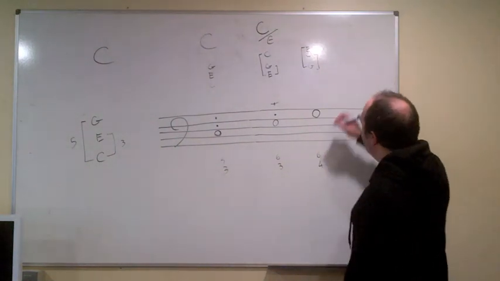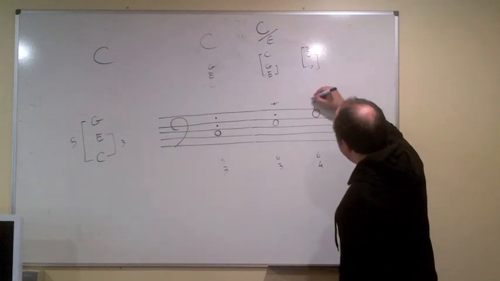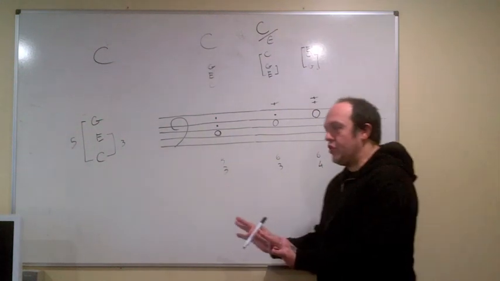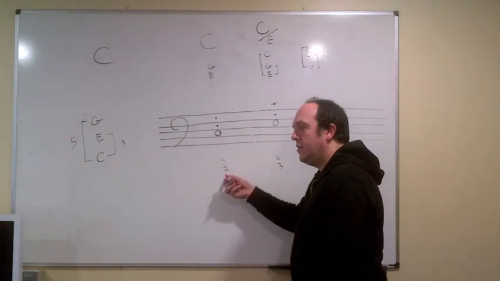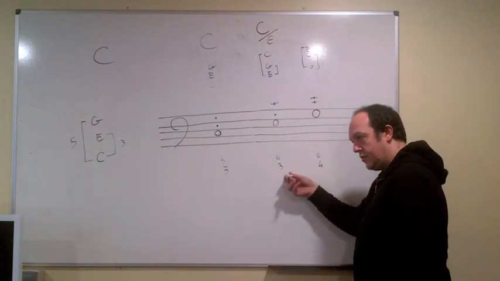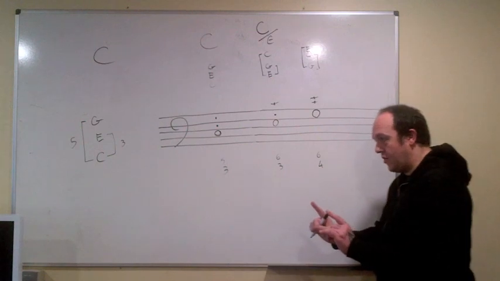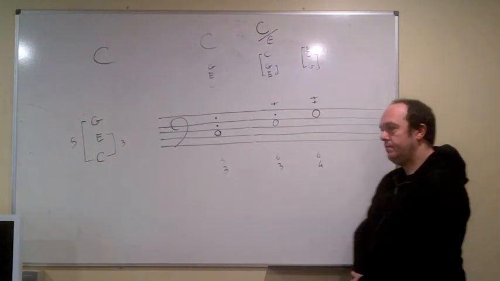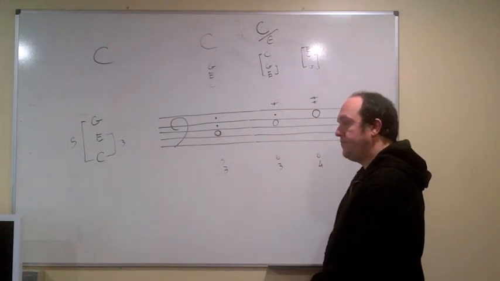That's it. So you see, root position chord, 5, 3. First inversion chord, 6, 3. Second inversion chord, 6, 4.